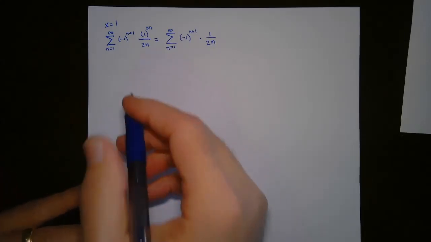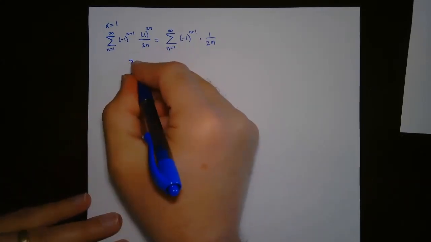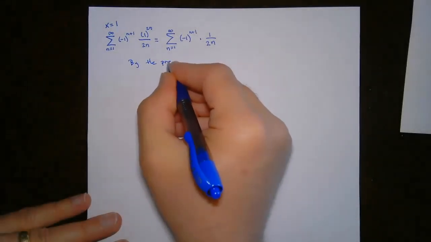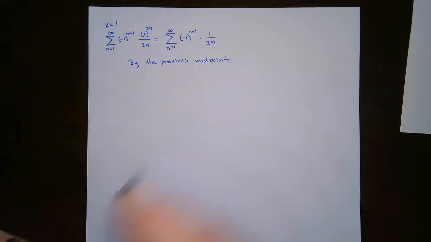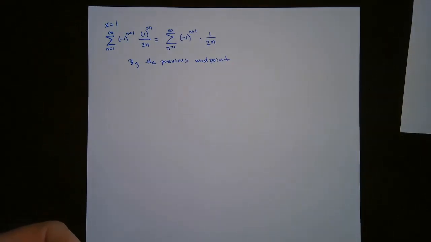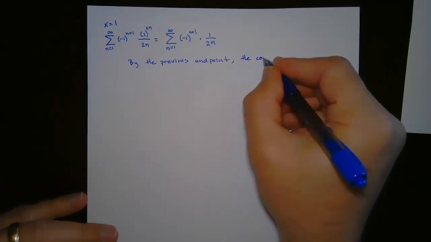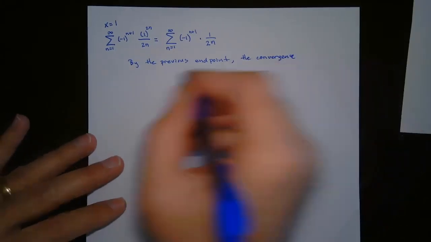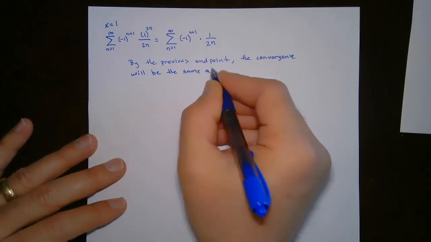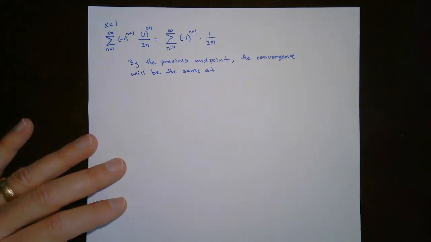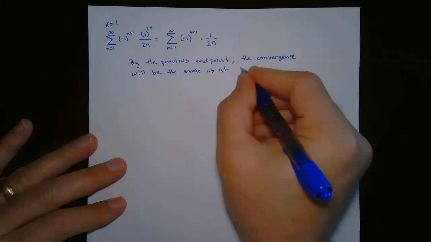It did work, okay? So by the previous endpoint, we know it's the same series, so the convergence will be the same as at x equals negative 1.